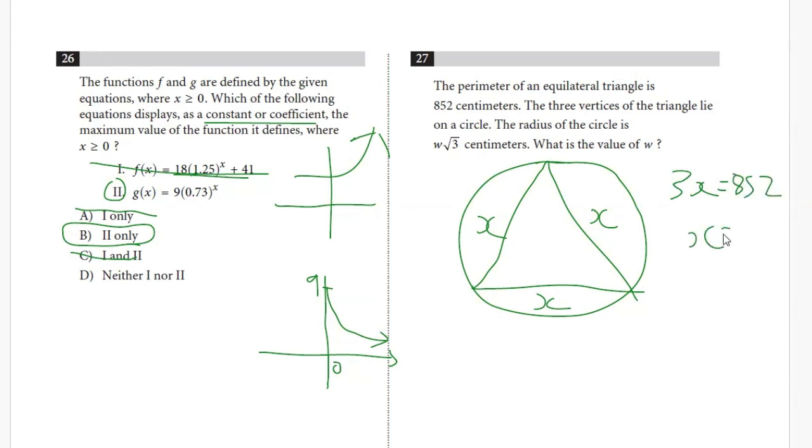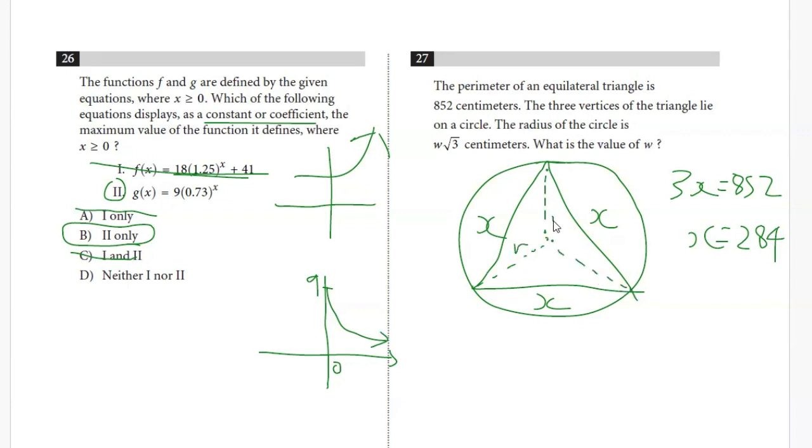X is equal to 284. And since we are looking for the radius of the circle, we need to draw something like this out here.